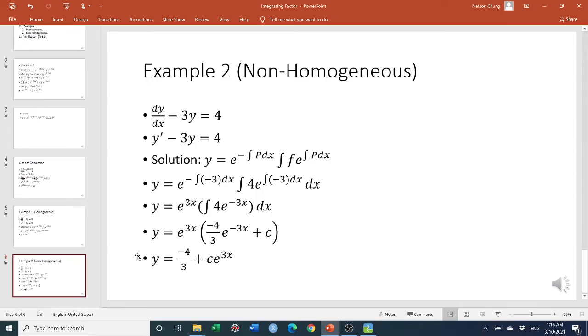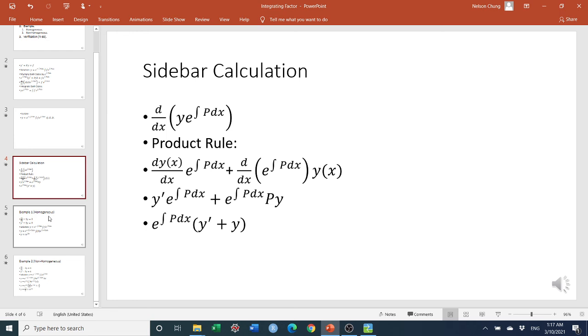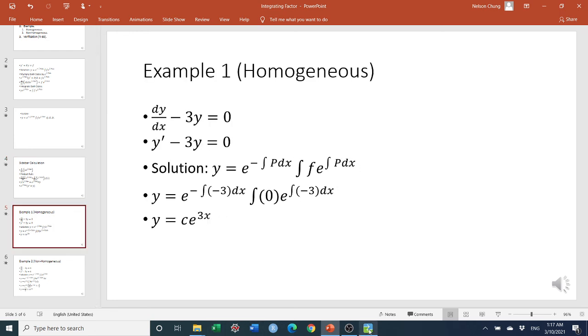Now let's verify using the TI-89. The homogeneous example first.